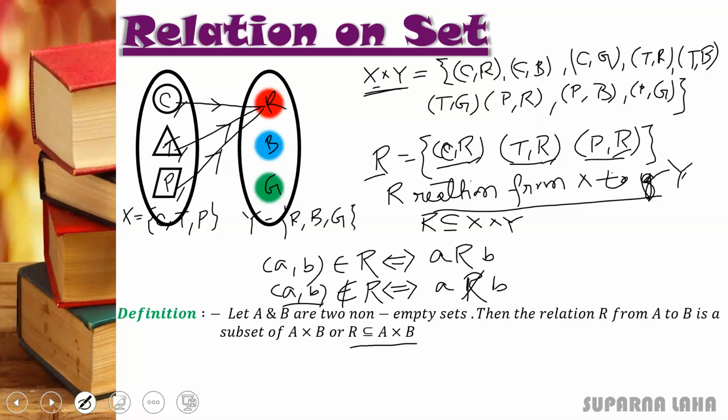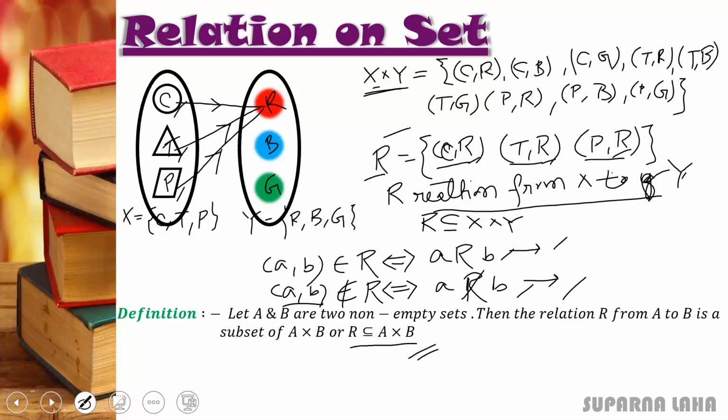So wherever you find these two notations, they mean A is related to B and A is not related to B. So remember the notation and the definition of the relation on a set.